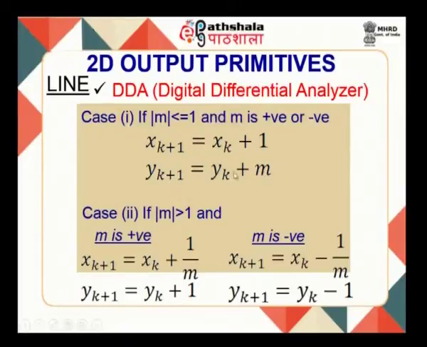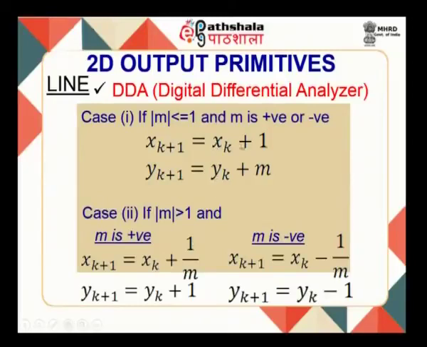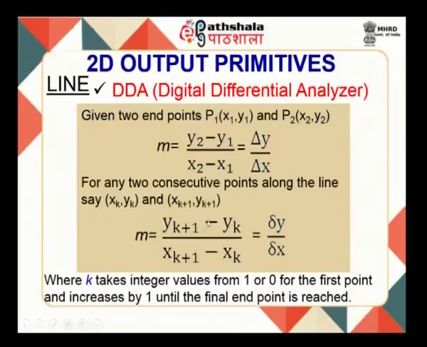How did we get this equation? You can look back at the previous slide. To compute the next y, in the slope equation we know that the next x value is x k plus 1, so x k plus 1 minus x k in the denominator becomes 1.